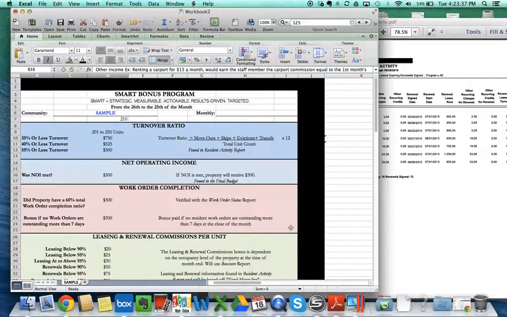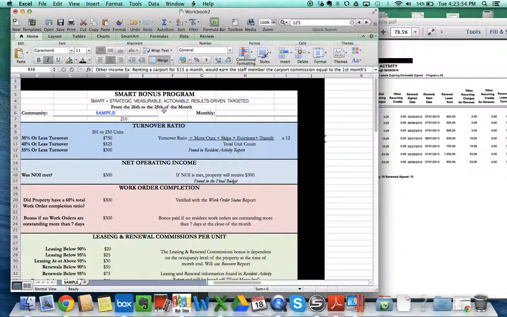And also, please keep in mind that when we are pulling reports and looking at activity, we are looking from the end of closeout date to the beginning of closeout date for the next month. So from the 26th of the month to the 25th of the month.